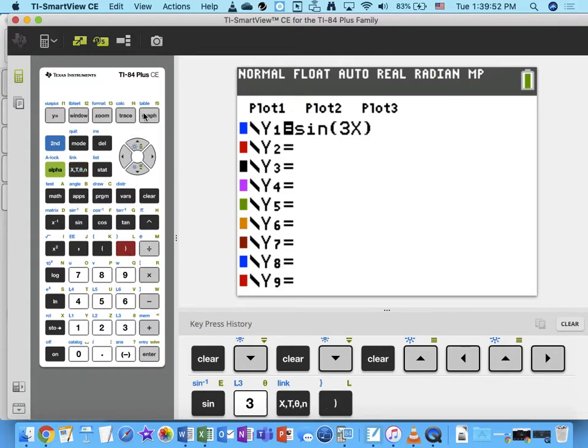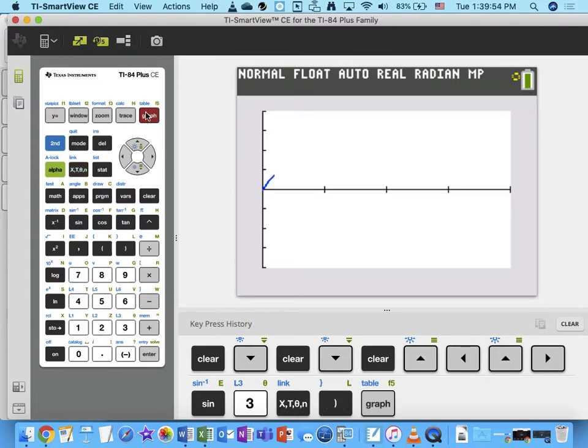I am going to graph this. Now, just looking at this graph, what is the amplitude? The midline's still the x-axis, and the amplitude is still 1, so amplitude isn't changing.